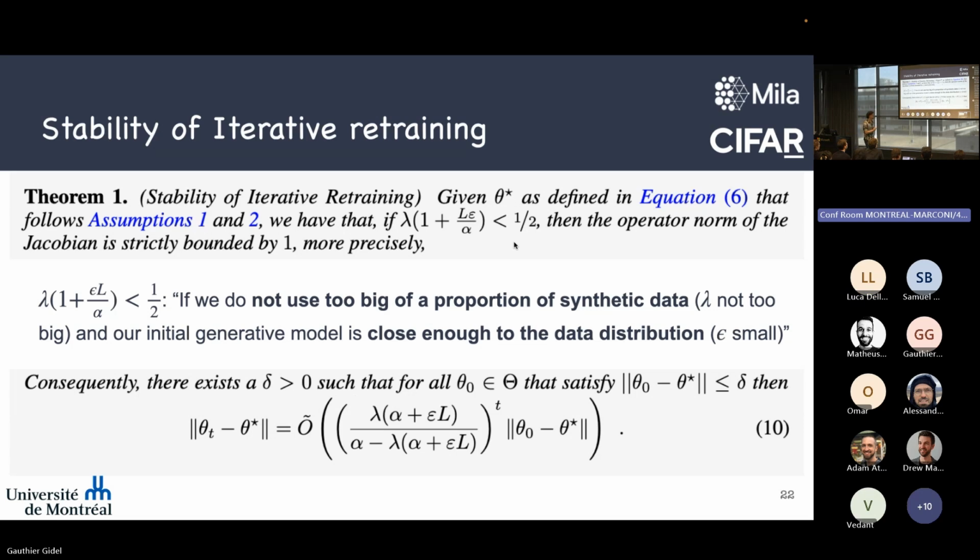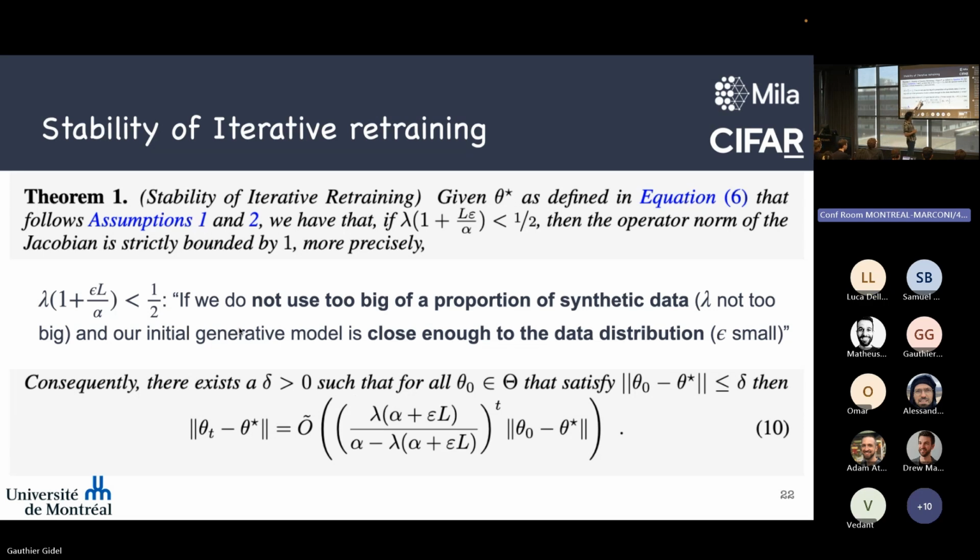And long story short, what we get with this is this theorem, and I'm going to focus on just the text here. The condition we have is that lambda times a certain quantity has to be smaller than 1/2, which can be interpreted as follows.